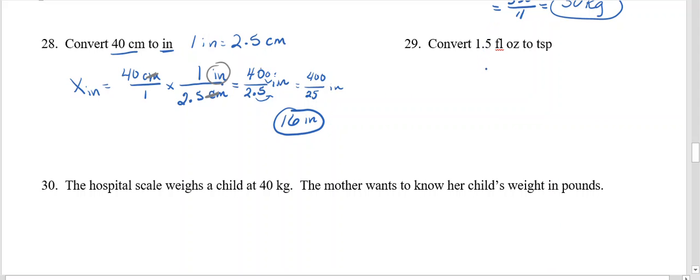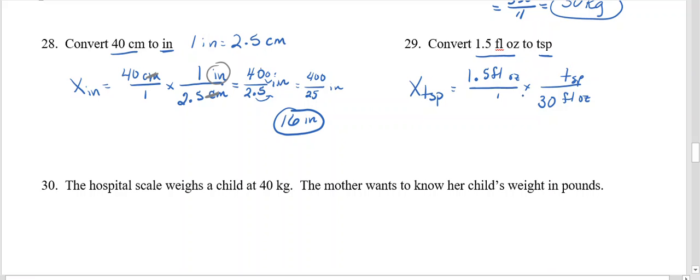All right, 29. I want to convert 1.5 fluid ounces to teaspoons. Okay. So I'm looking for teaspoons. I have 1.5 fluid ounces, which goes over 1, times my conversion, since I have fluid ounces on top, I put fluid ounces on the bottom and teaspoons on top. Now, remember our conversion. There's 30.